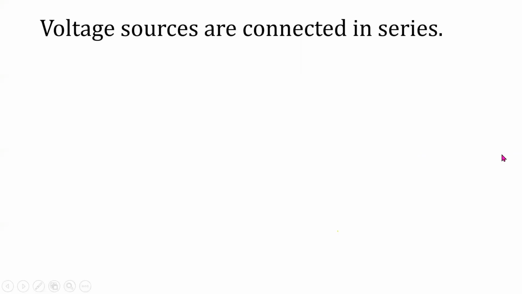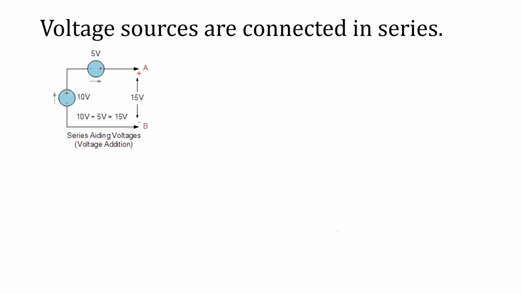All right. What happens if voltage sources are connected in series? When voltage sources are connected in series, the equivalent voltage source is either a result of addition or subtraction.